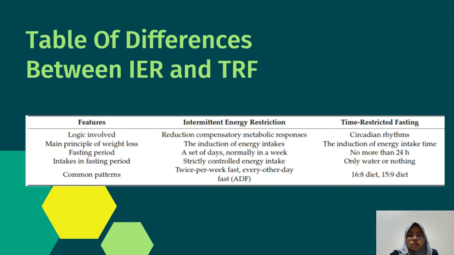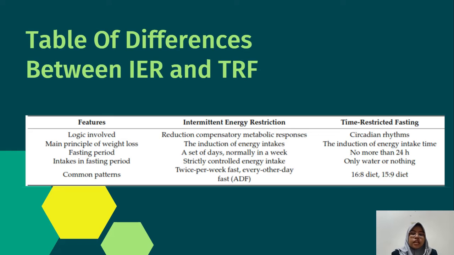The main principle of weight loss in intermittent energy restriction is the reduction of energy intake, but in time restricted fasting it is the restriction of energy intake time. The fasting period in intermittent energy restriction is a set of days, normally in a week, but in time restricted fasting it is no more than 24 hours.